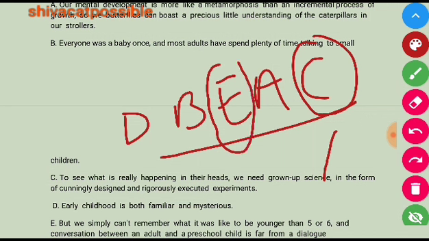E is also a conclusion, but here it is connecting A and then it is connecting C. D is the opening sentence and B follows it. So this is okay. Okay, thanks for watching.